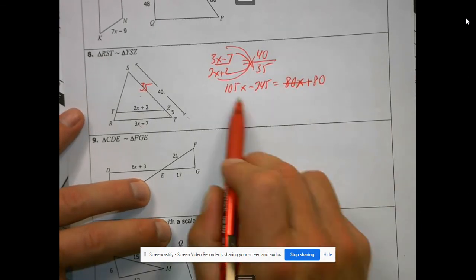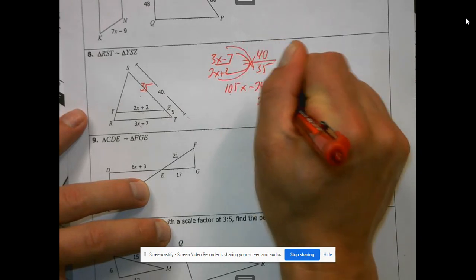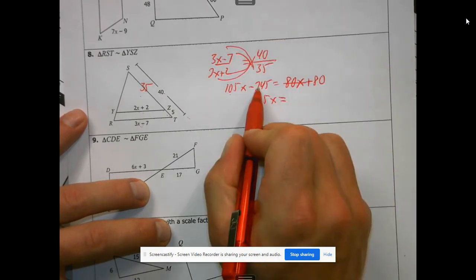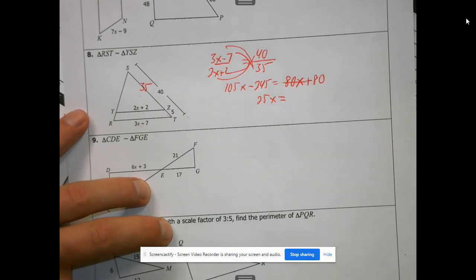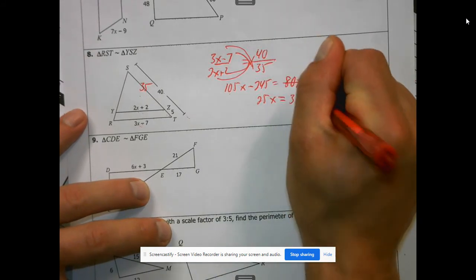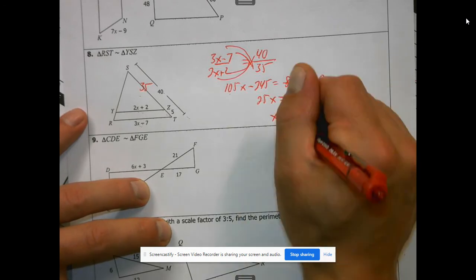I'll subtract 80x from both sides. That gives me 25x. Then I'm going to add 245 to that 80 over there. That gives me 325. And 25 goes in there 13 times.